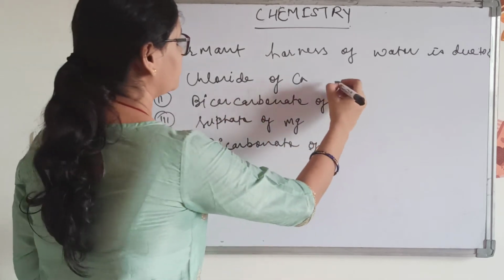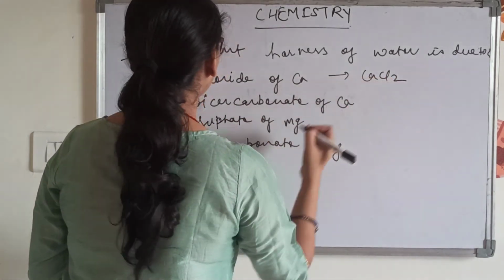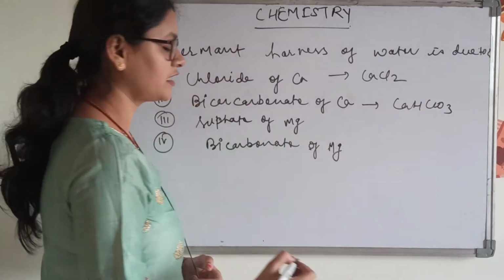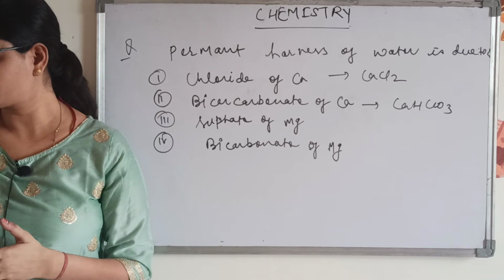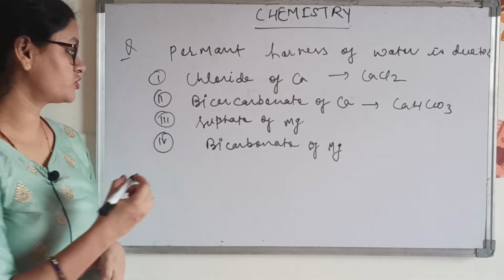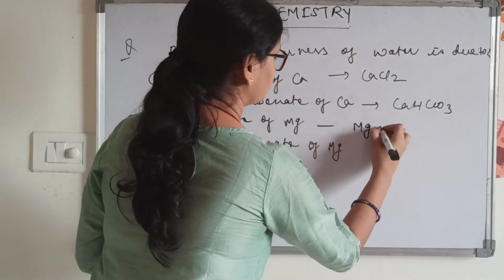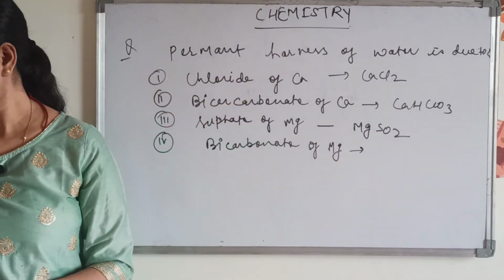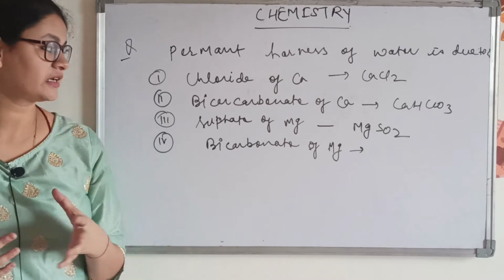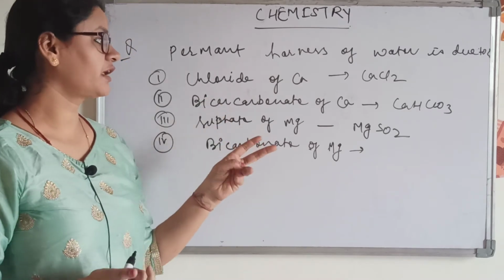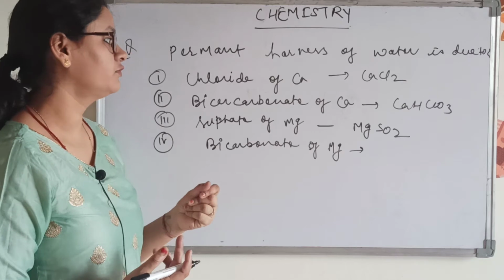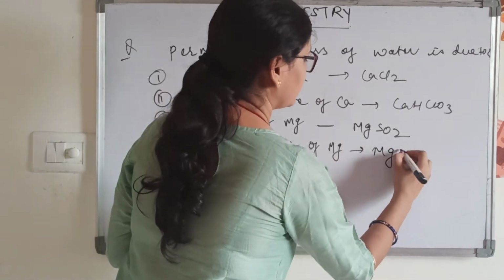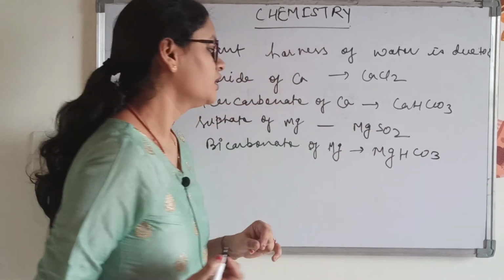Now calcium chloride we can write as CaCl2, bicarbonate of calcium as Ca(HCO3)2, and sulfate of magnesium as MgSO4, and the bicarbonate of magnesium as Mg(HCO3)2.